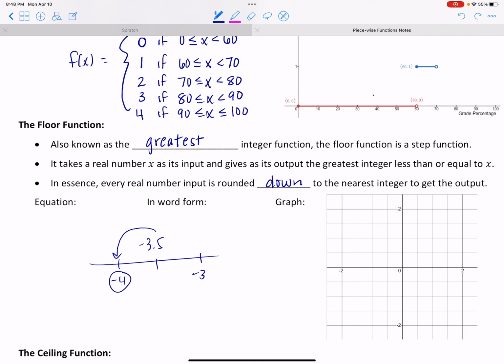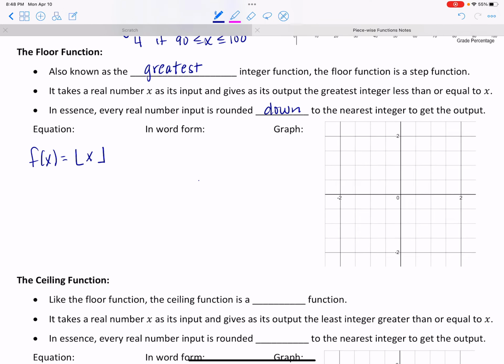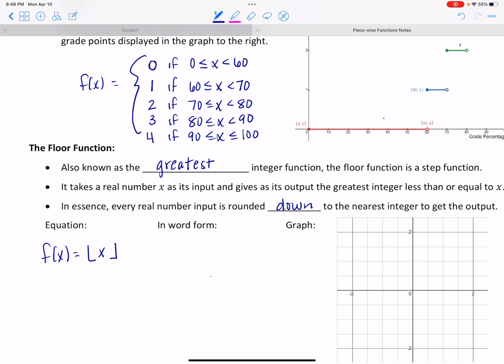Okay? So as a function, here's the notation, here's how it looks. We define this as an equation, or the equation form as f of x equals the floor of x, with x inside these brackets. So we have these, they look like incomplete brackets, but the ceiling function, once you see it, you'll hopefully appreciate why the brackets are this way.